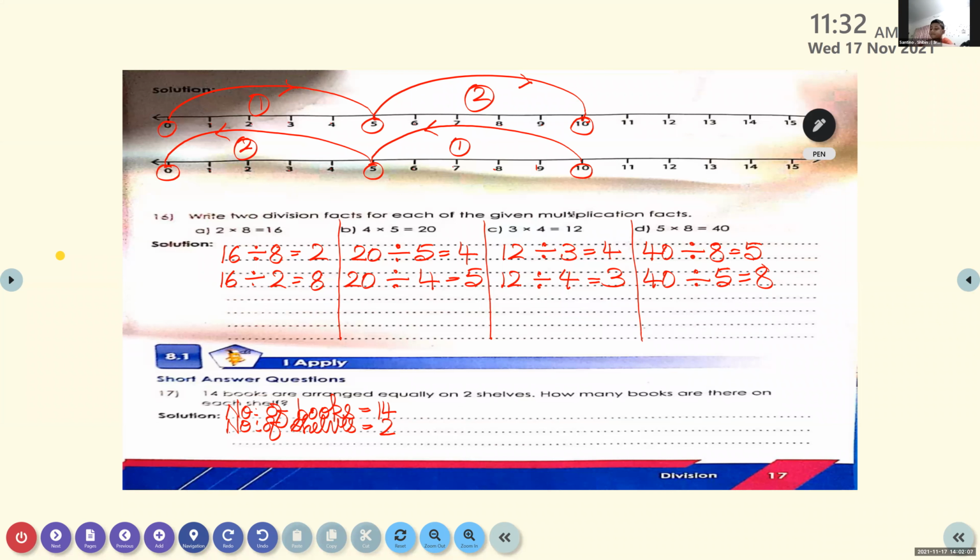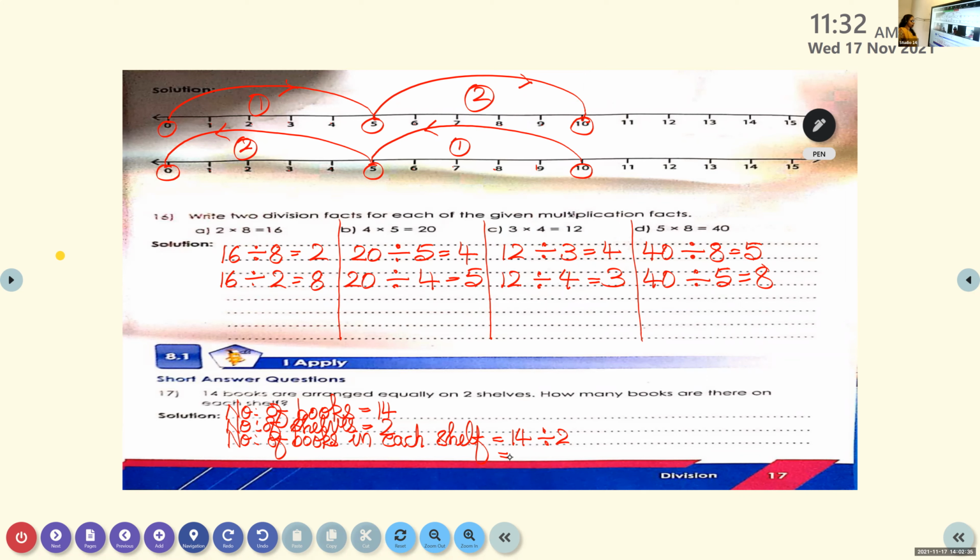So last statement, number of books in each shelf is equal to 14 divided by 2 is equal to, you have to divide the numbers and find out the answer.